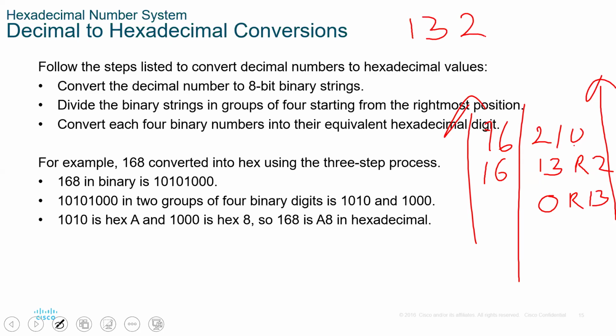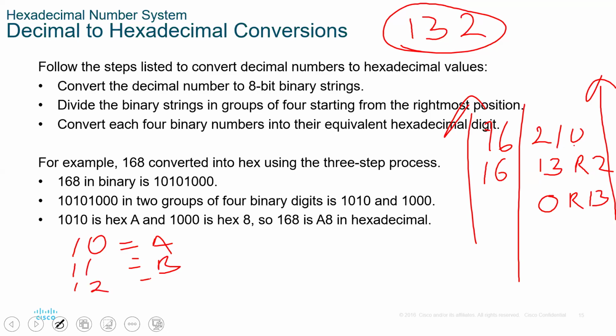But if you write it like this, it's confusing. So you remember in hexadecimal, we said 10 is A, 11 is B, 12 is C. 13 is what? D. So here I'm supposed to write it as D2. That is supposed to be the answer, D2.